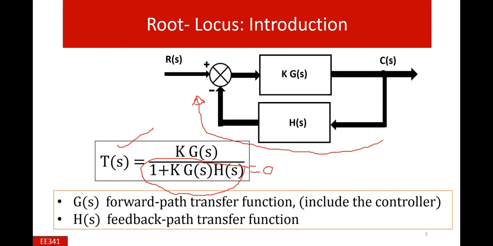Here K is a dynamic variable, and if we change it from 0 to some maximum value, then the roots of this equation, which are the poles of the closed loop transfer function, change accordingly, and this is the root locus. I will elaborate on the root locus in detail in different forms, so try to understand the concepts in any way that will help you draw and understand the root locus.